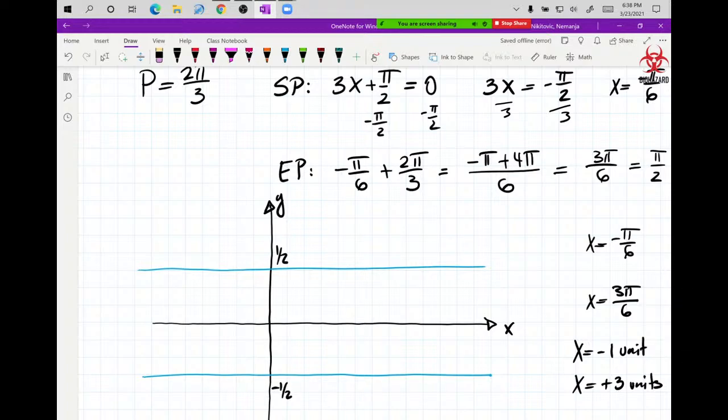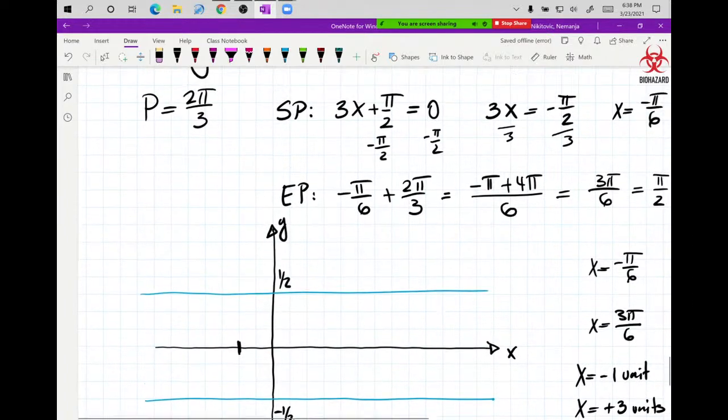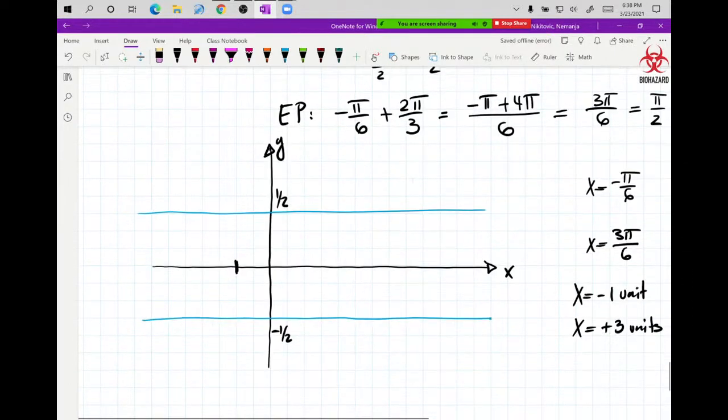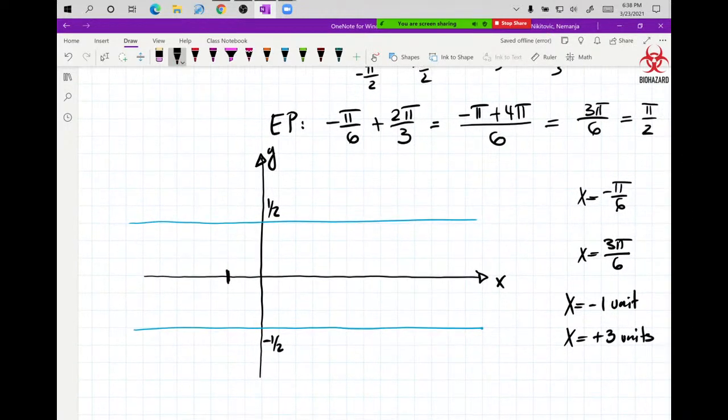So pick the amount for 1 tick mark here. That's my negative pi over 6, and that's my 1 unit to the left. If I picked 2 squares to be 1 tick mark for the left, I need 3 tick marks to the right.